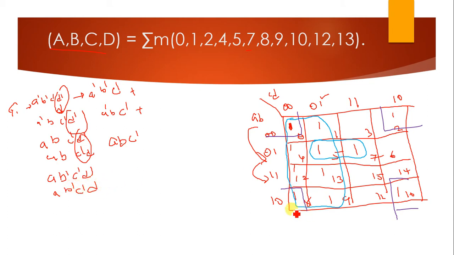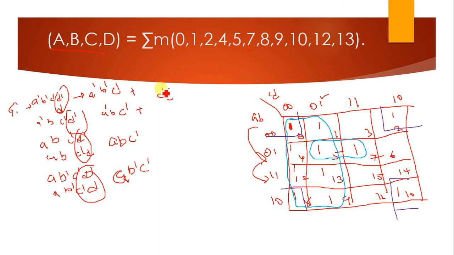Which things have changed here? That is D and D dash, which gives AB dash C dash, right? So in all the cases the common thing is C dash.